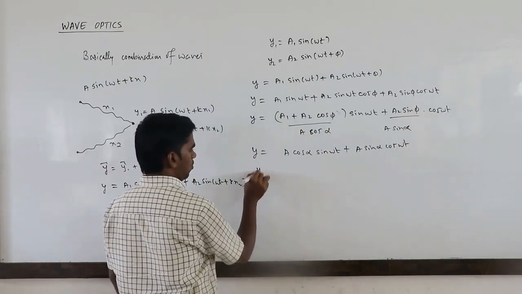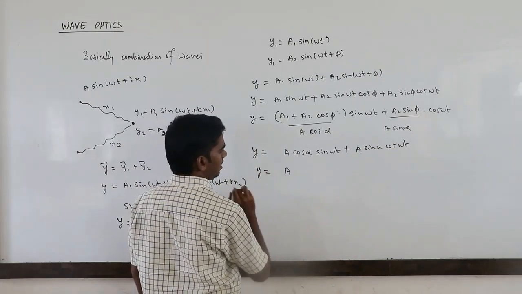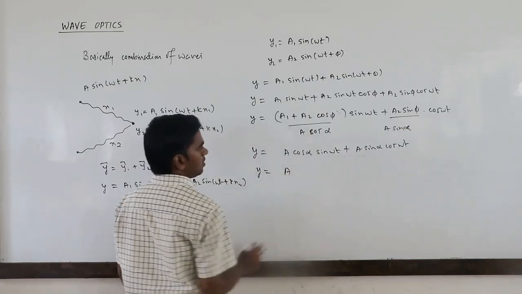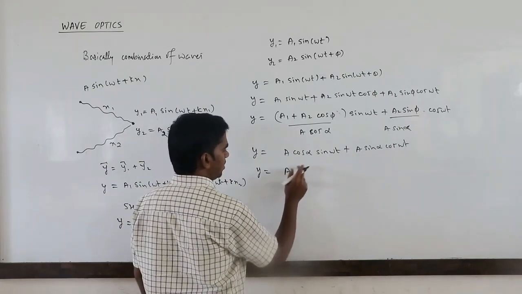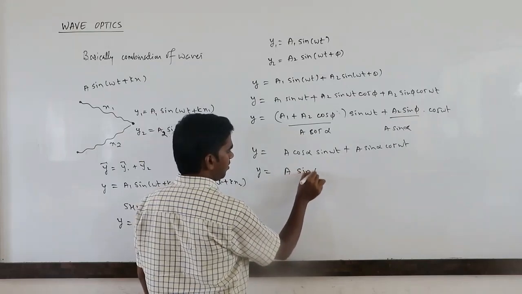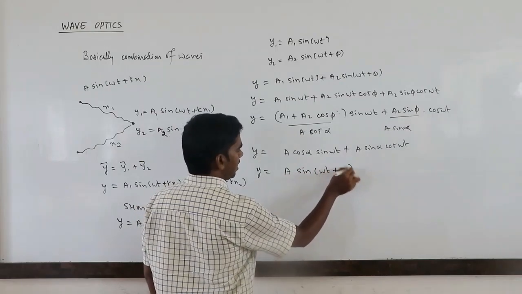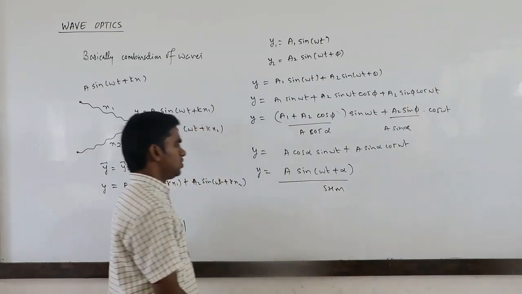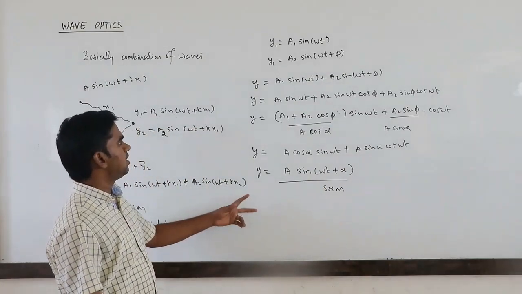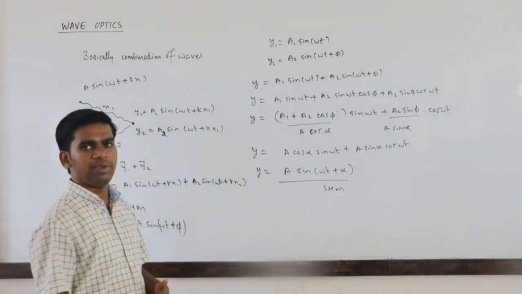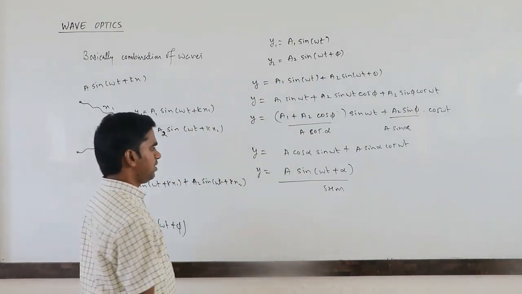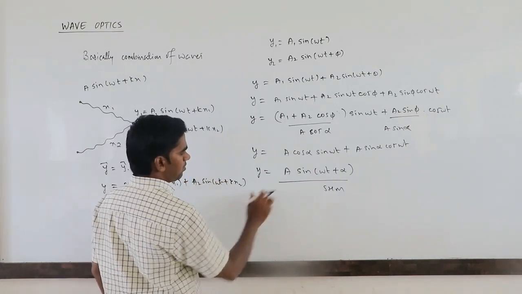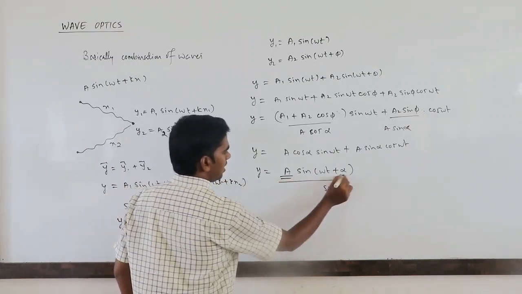Taking A common, this is of the form sin a cos b plus cos a sin b, so you can write it as A sin(omega t plus alpha). This is in the form of SHM. So you can say this combination is also a wave, or a simple harmonic motion of the particle.